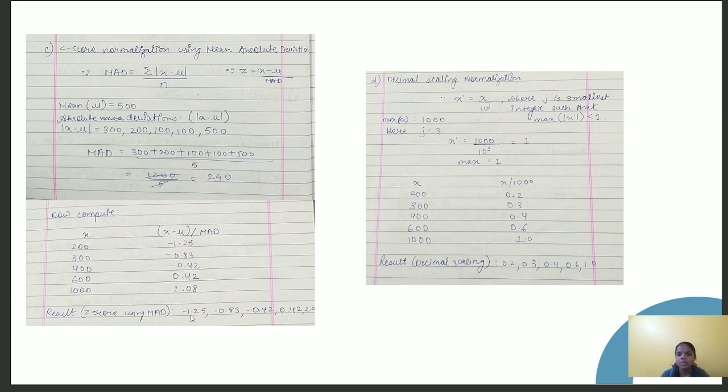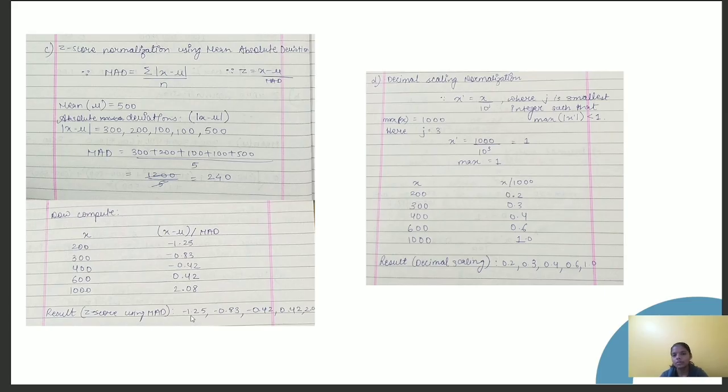Now the last, decimal scaling normalization. To perform the decimal scaling normalization, our formula is x upon 10 raised to power j, where j is the smallest integer such that our max should be less than 1. As we know from the given dataset, our mean is 200 and our max is 1000. So here max is 1000.